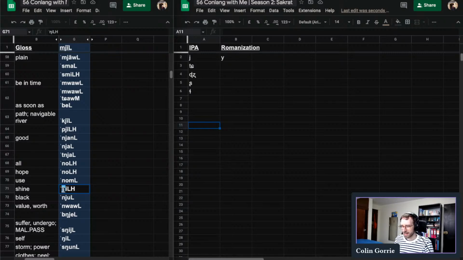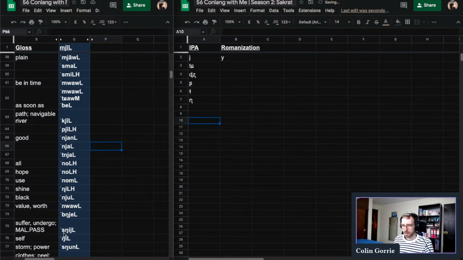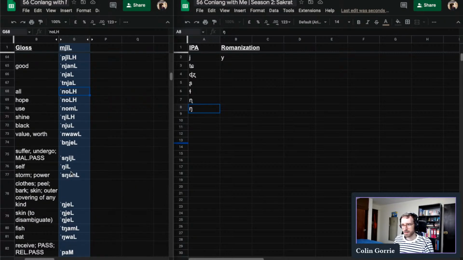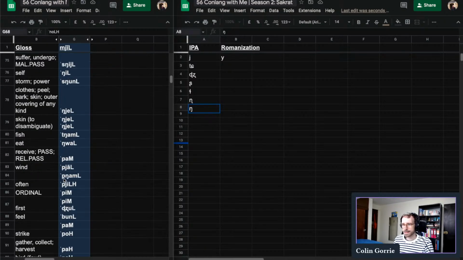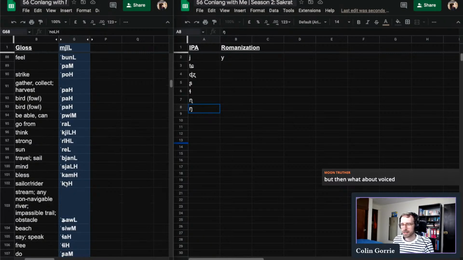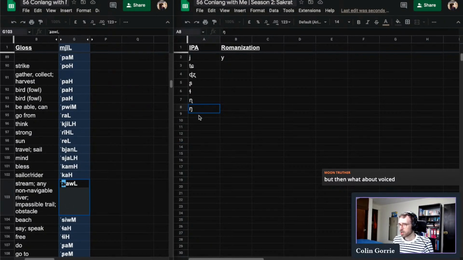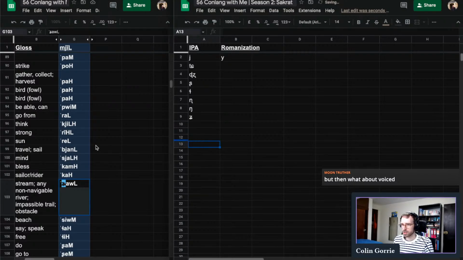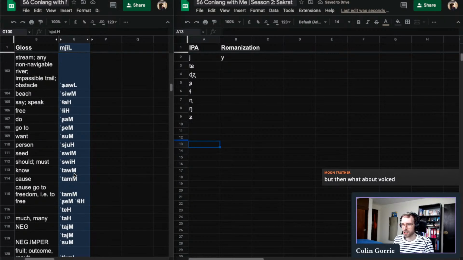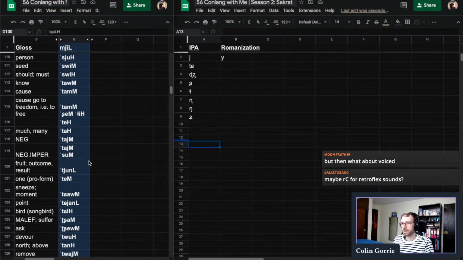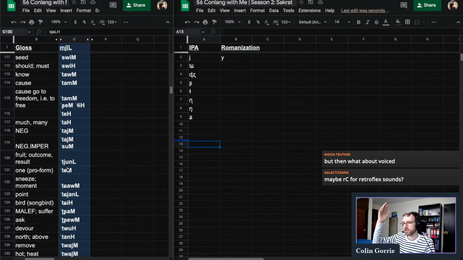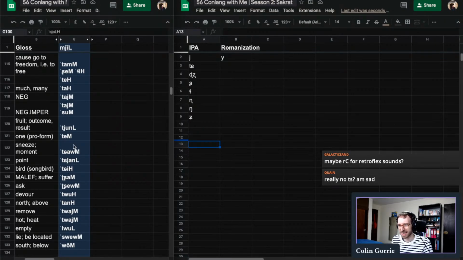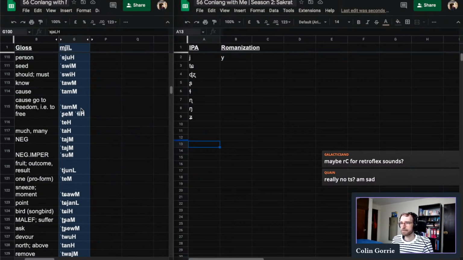We have a retroflex n, ni. We have the velar nasal. And don't see anything else. We have je. Do we have sh? I'm doing this the ultra scientific way of just sort of scrolling down and seeing what I wouldn't want to type. No, it looks like that's what we have. Okay.